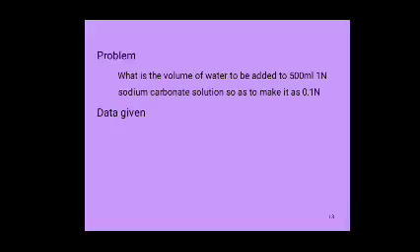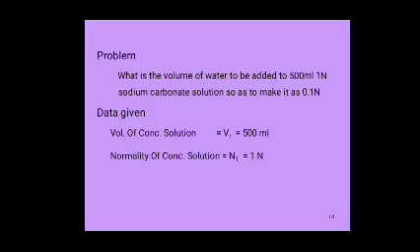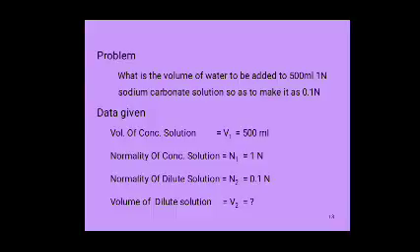Given data: volume of solution V1 is equal to 500 ml. Normality of the given sodium carbonate solution N1 is equal to 1 N. Normality of dilute solution N2 is equal to 0.1 N. Volume of dilute solution V2 is equal to how much?